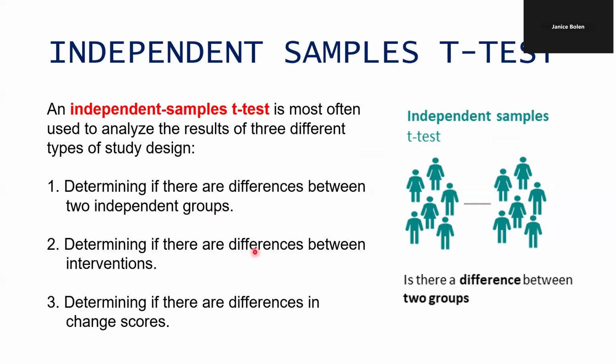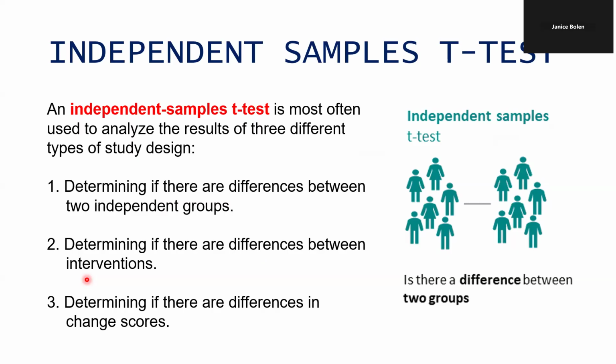Another scenario: you would want to determine if there are differences between interventions. Say, for example, you have group A, the female group, and then the male group. You would want to compare their performance in a math test, wherein group A was taught using the lecture method, and group B was taught with the aid of computers.